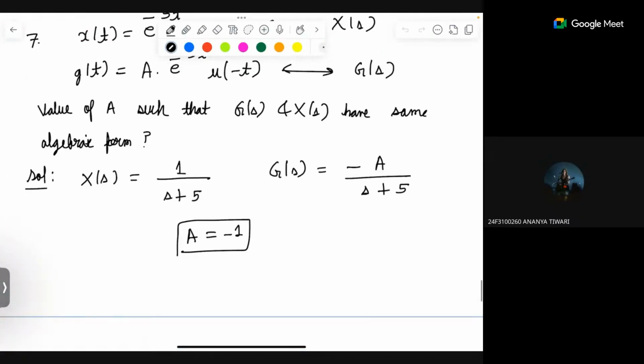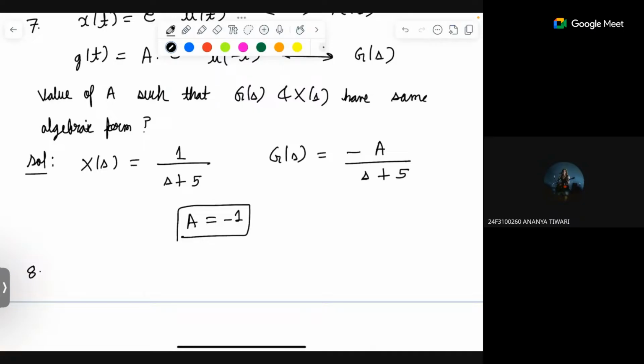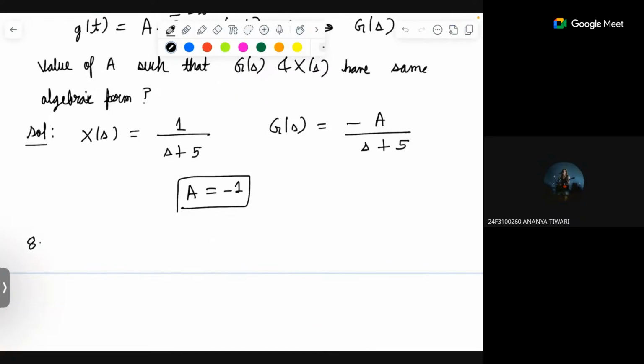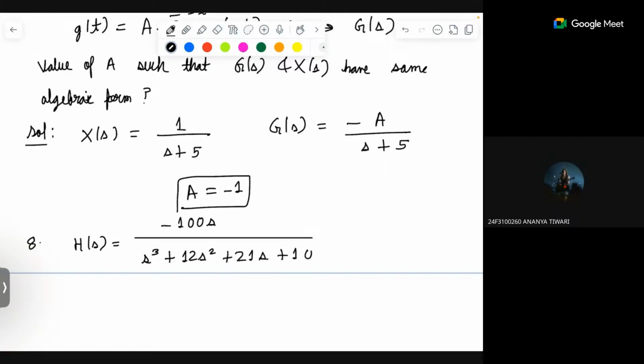Now this question. So here you have to find poles and their order. You can also tell me zeros. There is this transfer function H of s which is equal to minus 100s divided by s cube plus 12s square plus 21s plus 10.